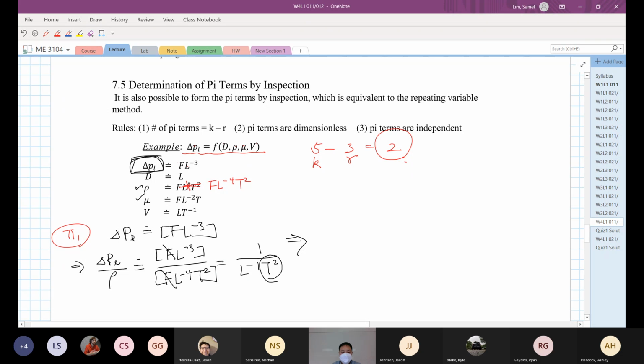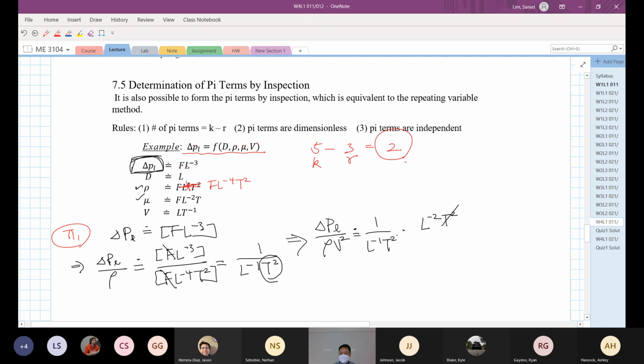There's a way I can do it by V. So if I have L rho V squared, then I have L^-1 T^2, then we have the L^2 T^-1. I think it's a little confusing, so let's just write down all here. L^-2 T^2.